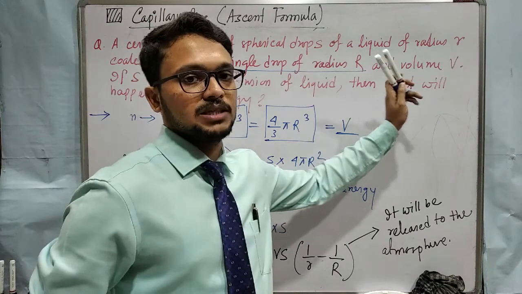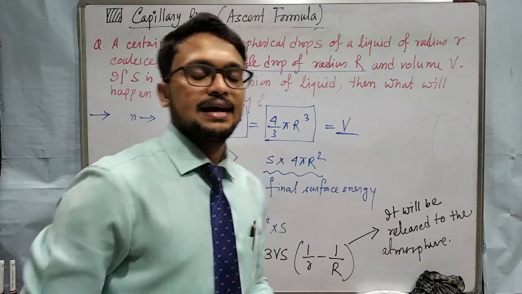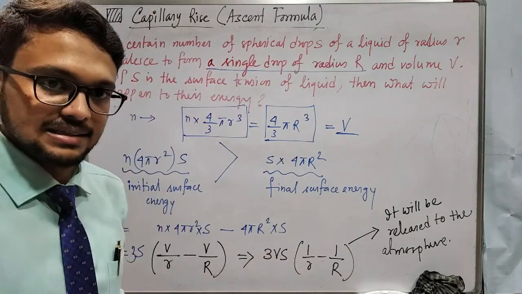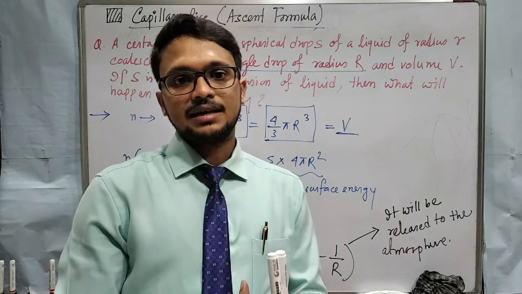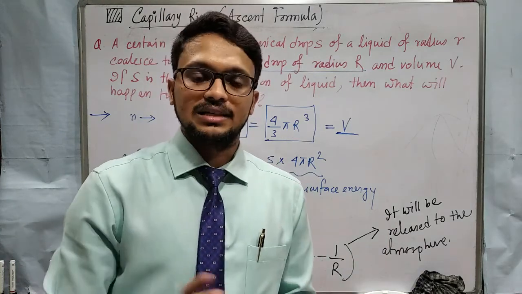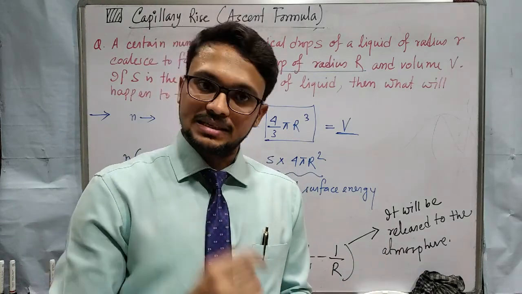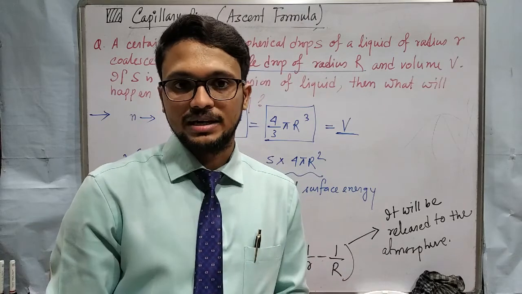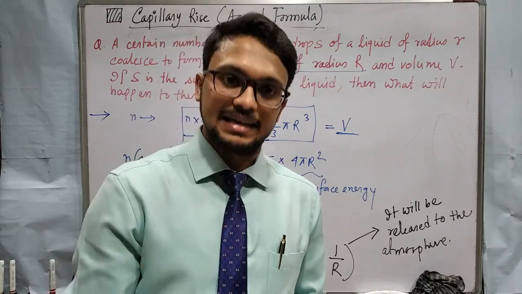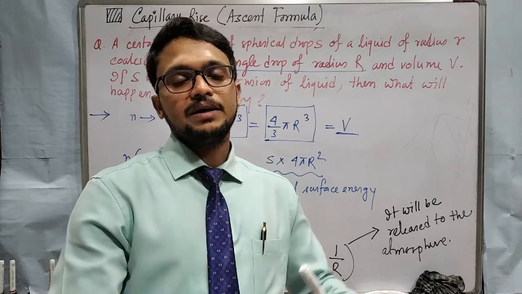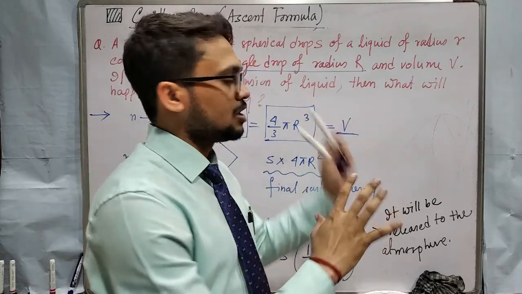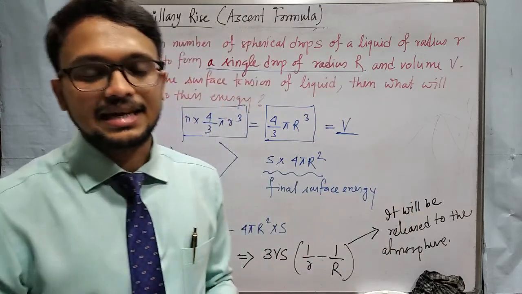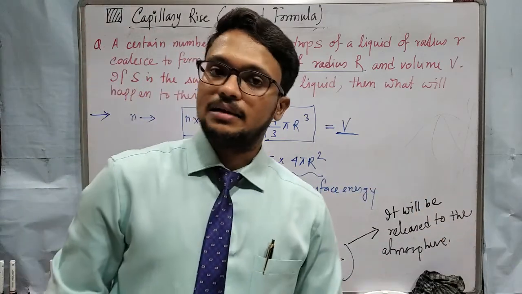The basic concept is that volume will remain the same and surface area will decrease. When a number of drops coalesce, joining with each other, the surface area will decrease. Surface area decreasing means the surface energy stored at the free surface of the liquid will also decrease. So what will happen to the extra energy the drops initially had? That extra energy will be released into the atmosphere.